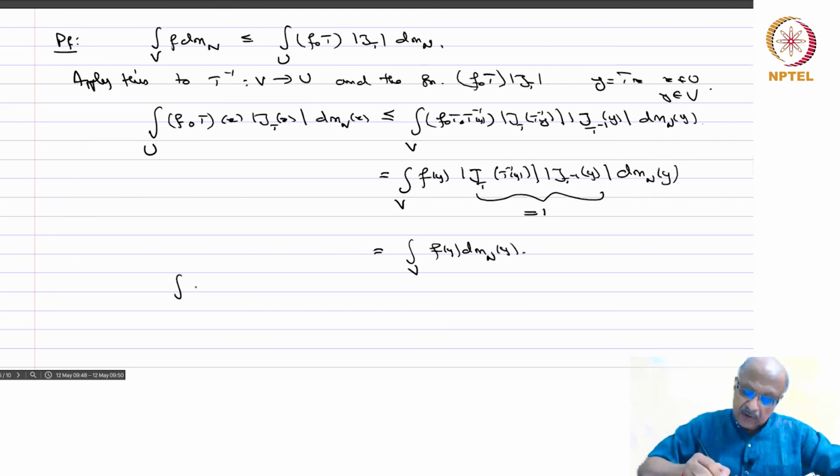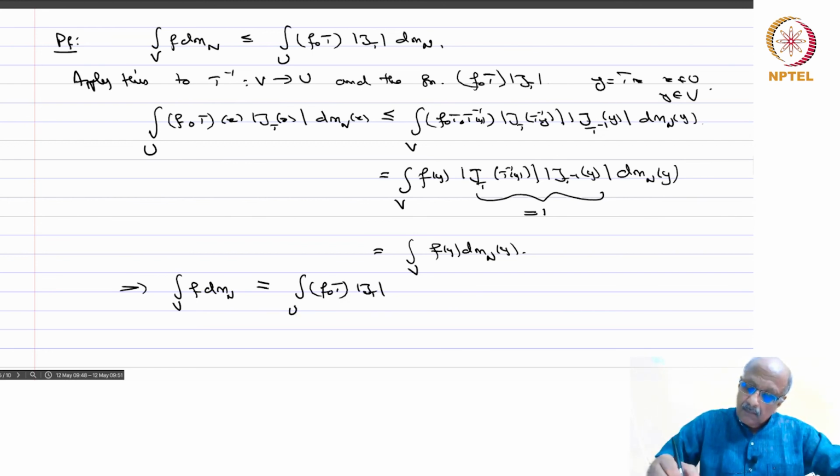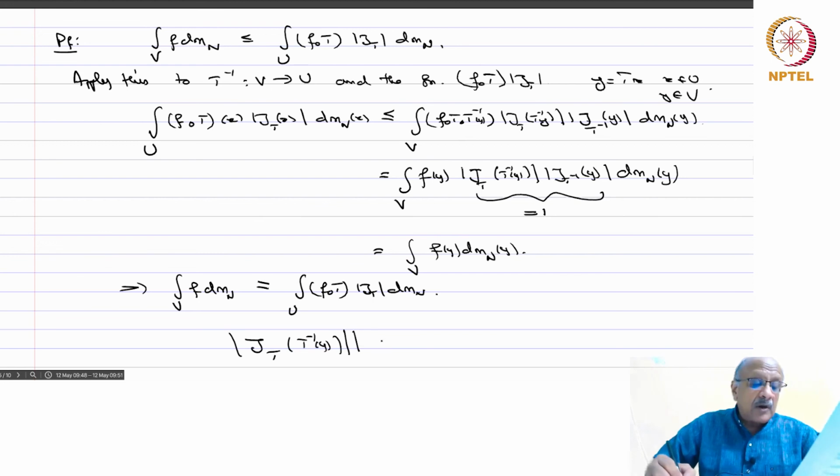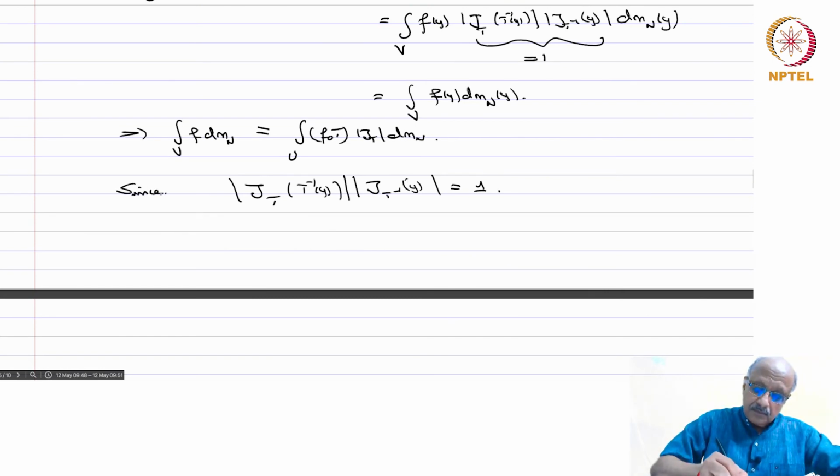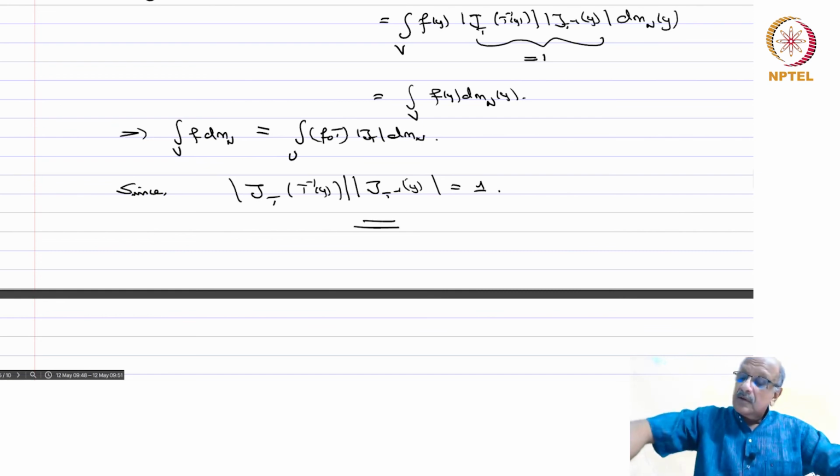So we have both inequalities, and this implies double star. We are using Jt of T inverse of y times mod Jt inverse of y is equal to 1. So that proves the result.